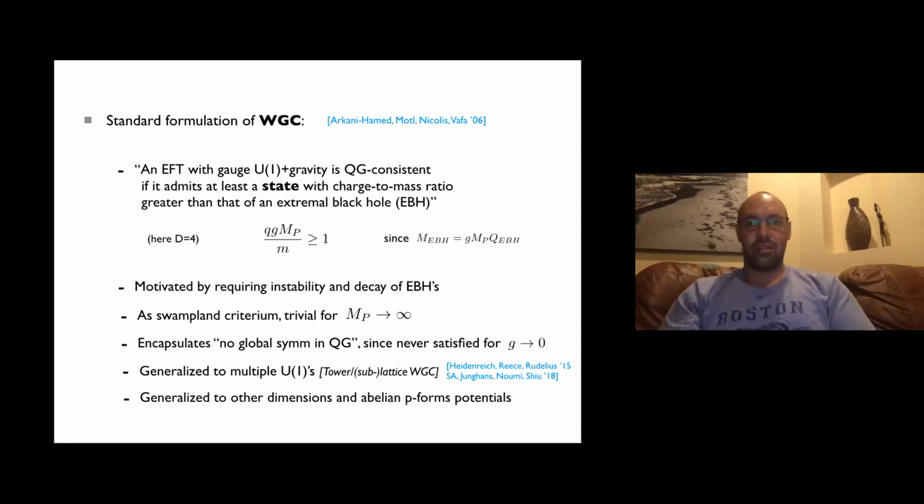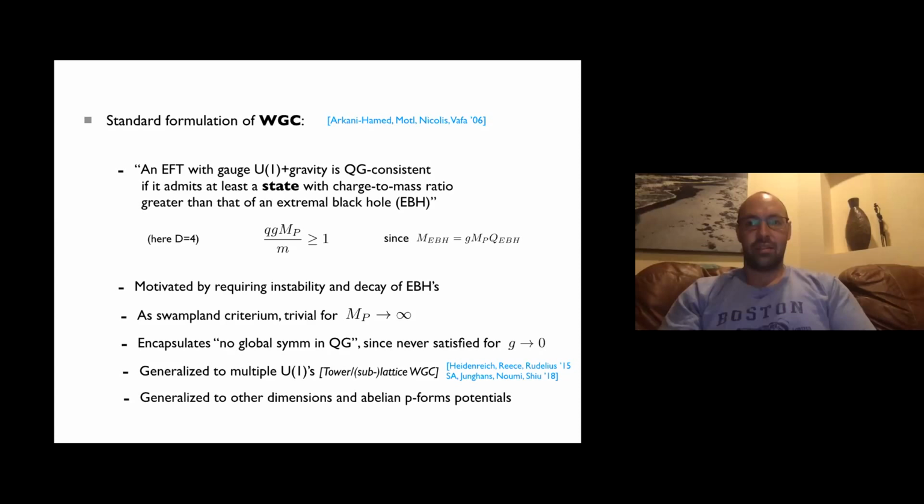In 4D it takes this form, and everything here is normalized such that the charge to mass ratio of an extremal black hole is 1.